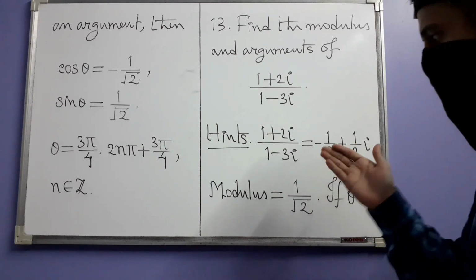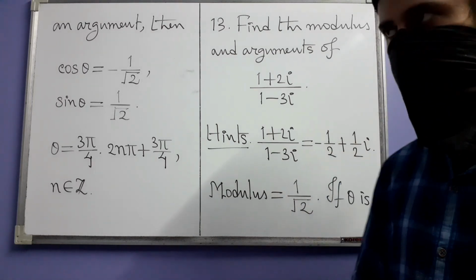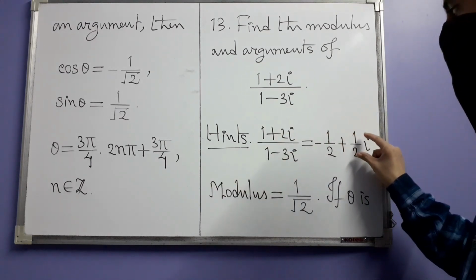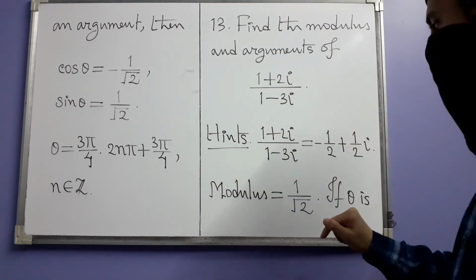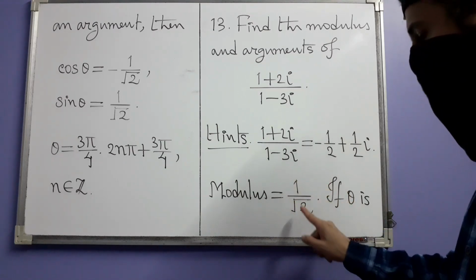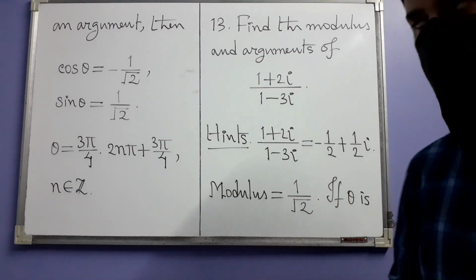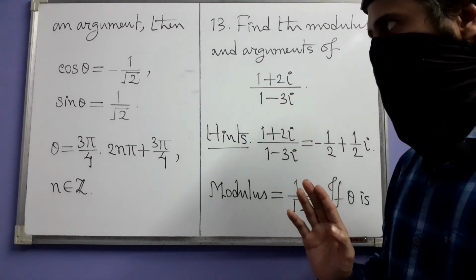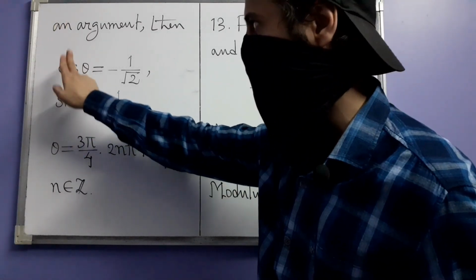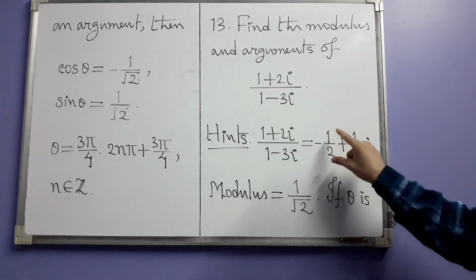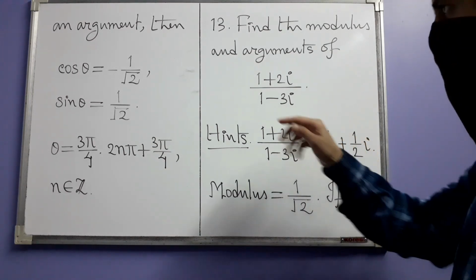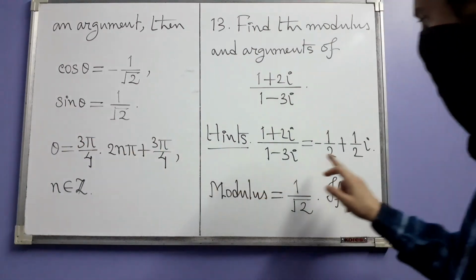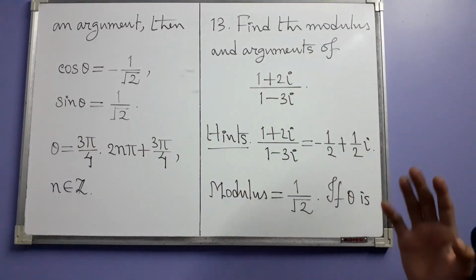So from this, how do you find the modulus? Modulus is the square root of real part square plus imaginary part square. And when you do the calculation, you get 1 divided by square root of 2. And then, if theta is an argument of this complex number, then modulus times cos theta is equal to the real part, that is minus 1 divided by 2, and modulus times sin theta is the imaginary part, which is 1 divided by 2.